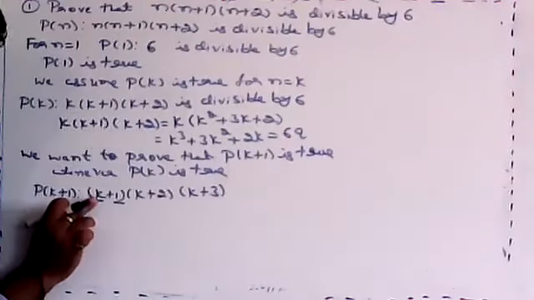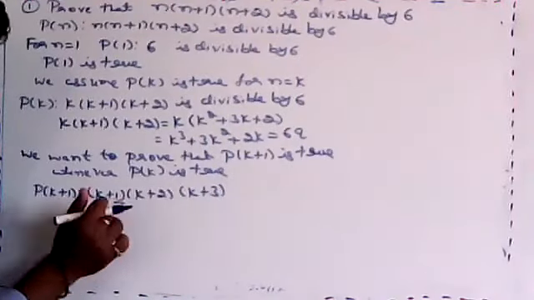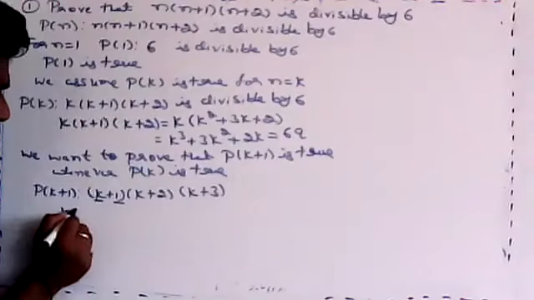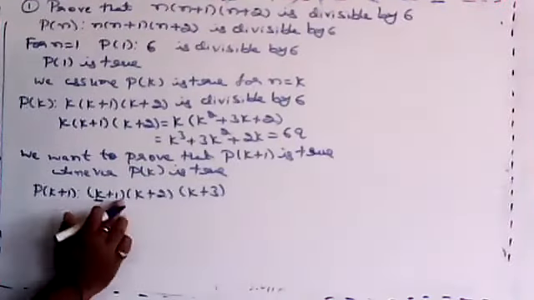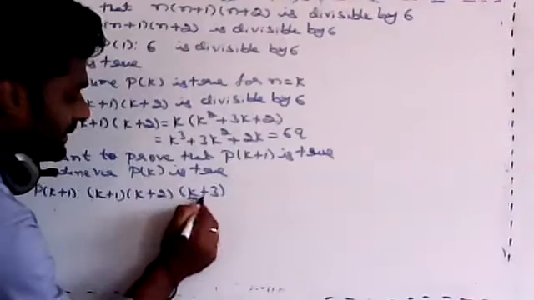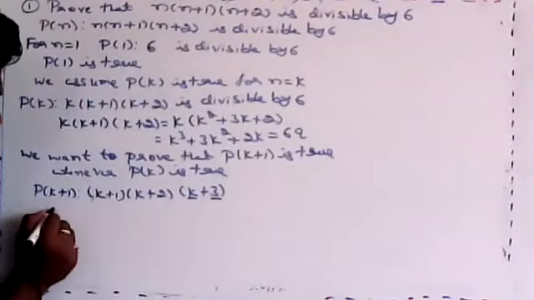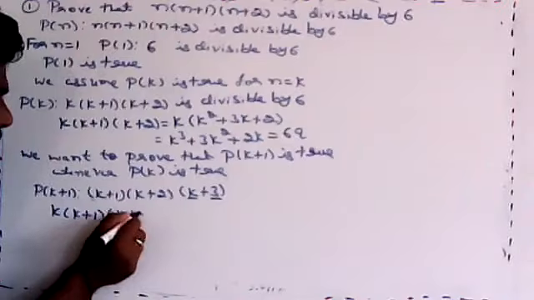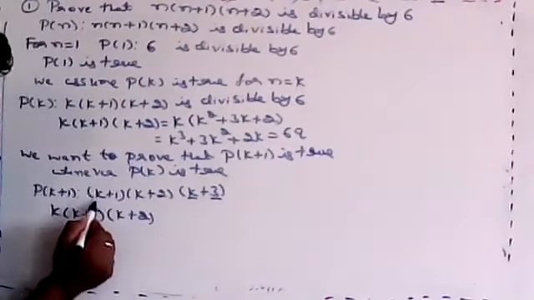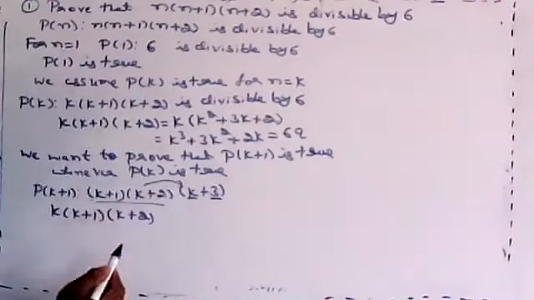See here, k, I'll multiply it here first. What do we get then? Here I'll separate k into this one. So k into k plus 1 into k plus 2. These two terms I have to multiply to first k.